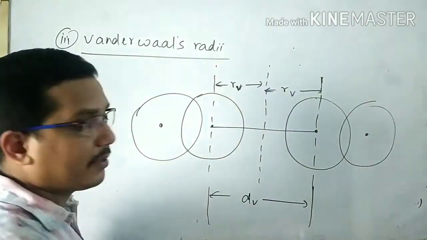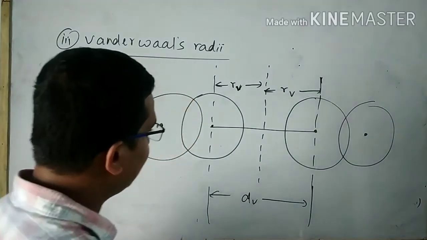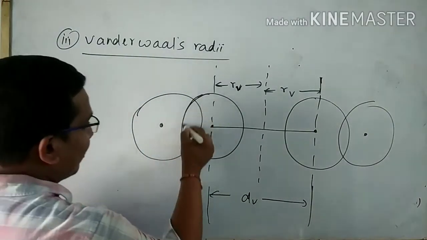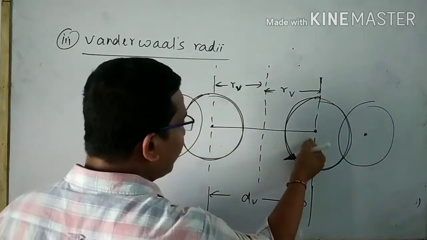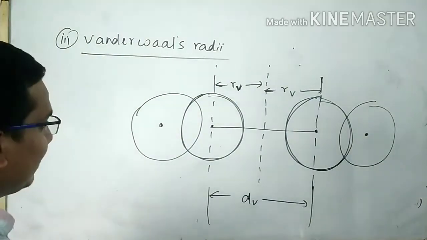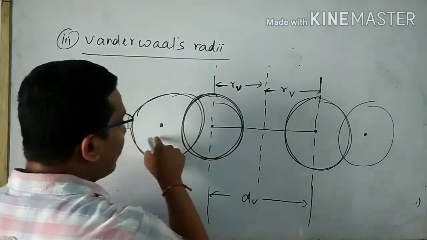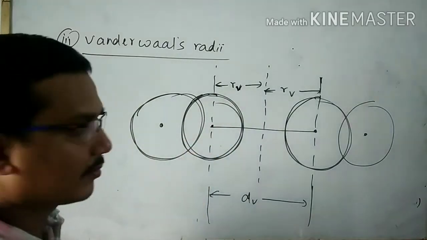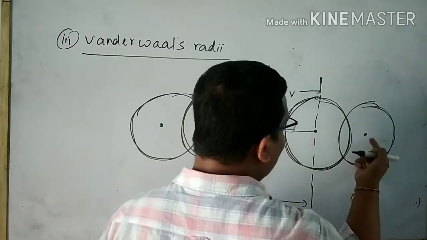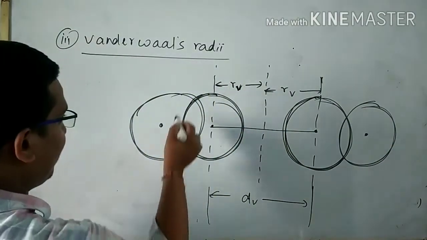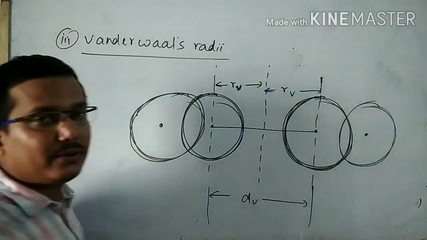Then what will be the statement for this? Before going to this statement, this atom and this atom are bonded to each other. But remember, this atom and this atom are non-bonded to each other.